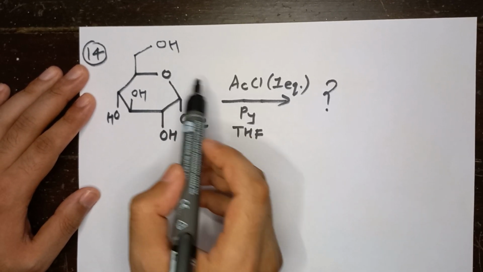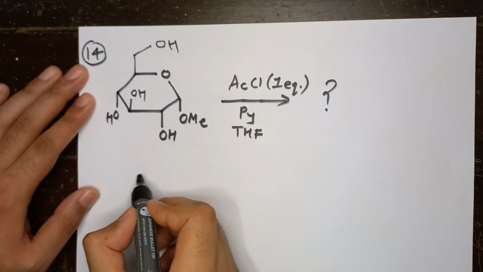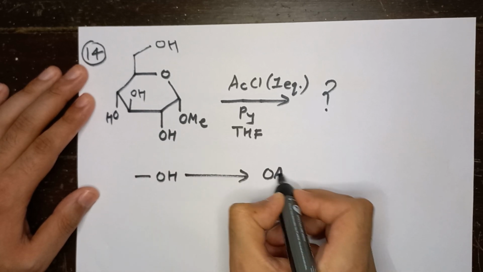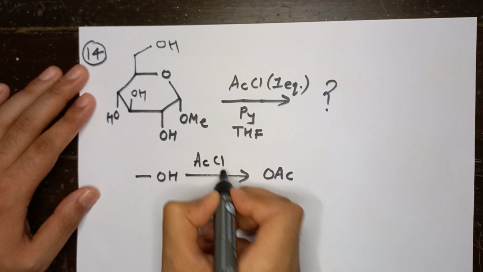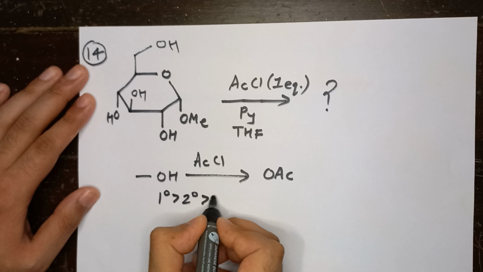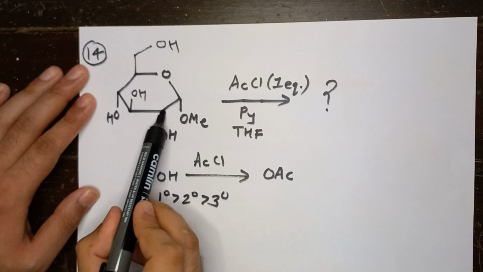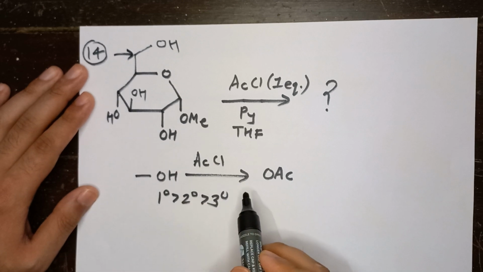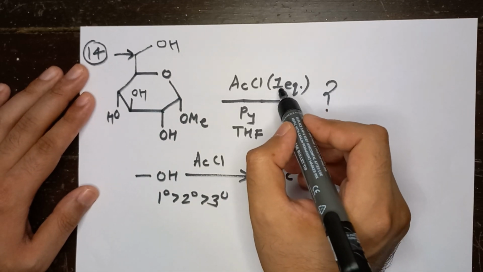Once again we are simply doing the protection of OH group into OAC group by using acetyl chloride. So we know the order of reactivity will be 1 degree followed by 2 degree followed by 3 degree. So here we have a 2 degree, 2 degree, 2 degree, and we do have a 1 degree alcohol. And we have one equivalent of acetyl chloride.